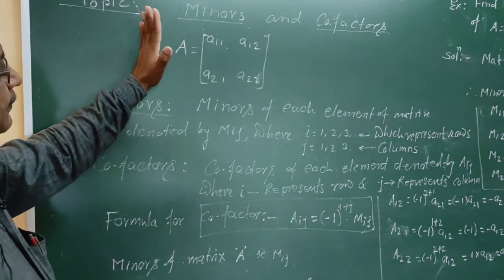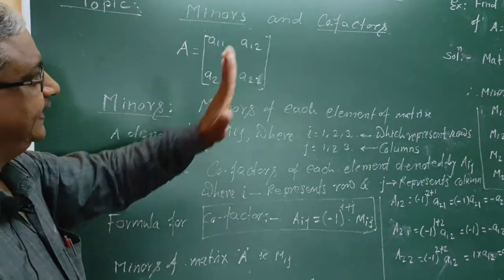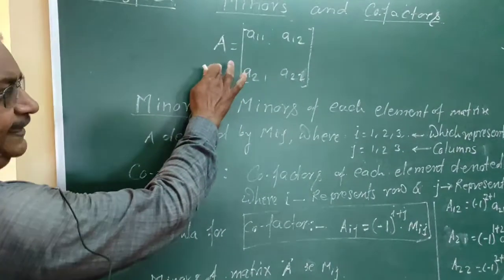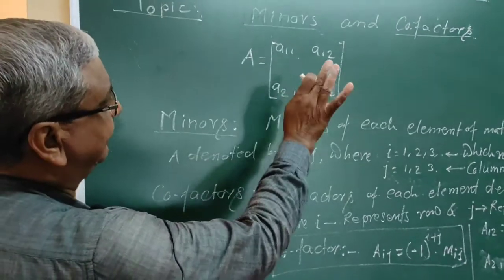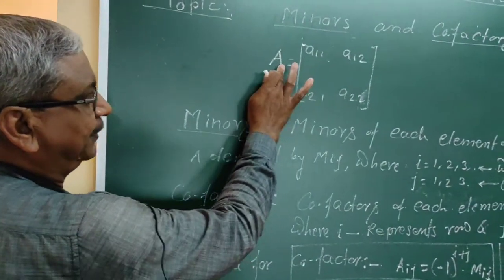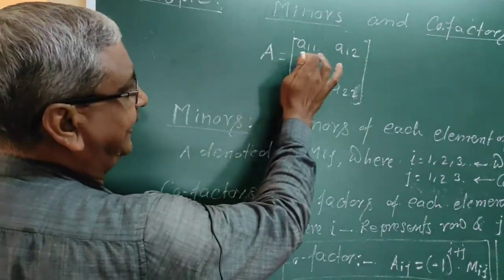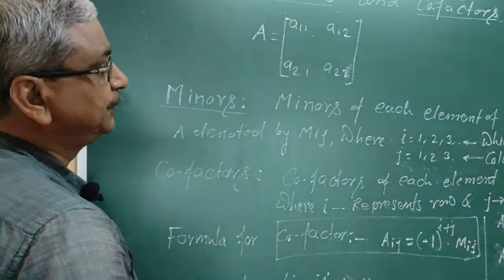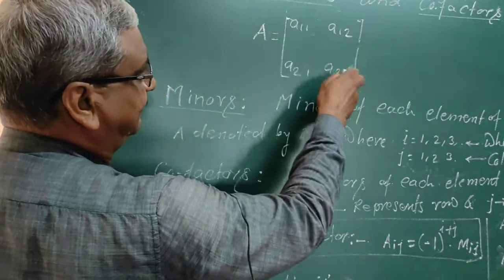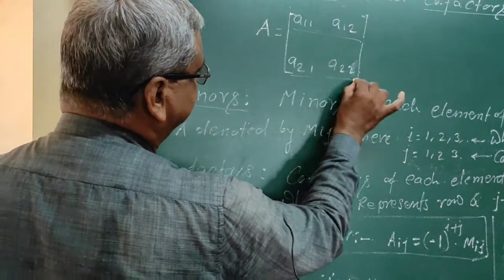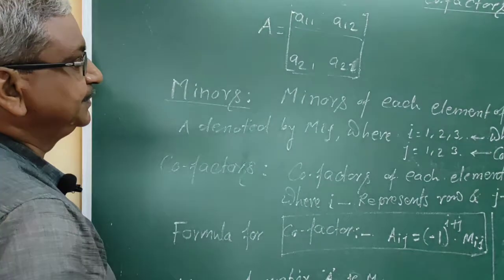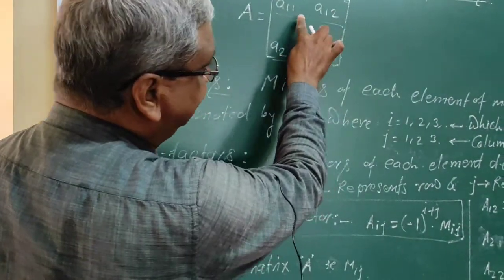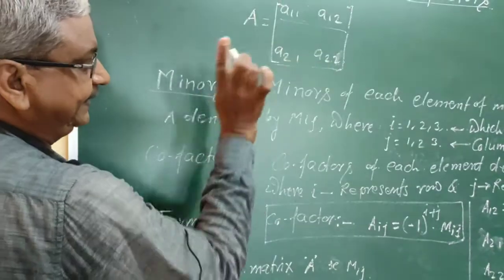First of all, what are minors and cofactors? Here we take a general example to find the minors and cofactors for the matrix A having the elements A11, A12, A21 and A22. These are the elements in the first row and these are the elements in the second row. How can you find the minors of each element of this matrix A?